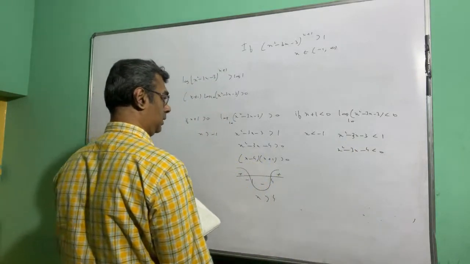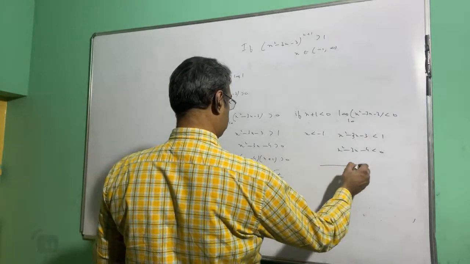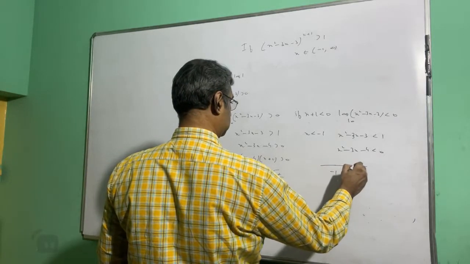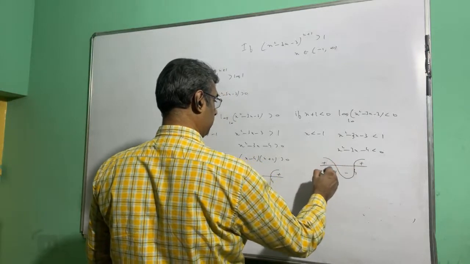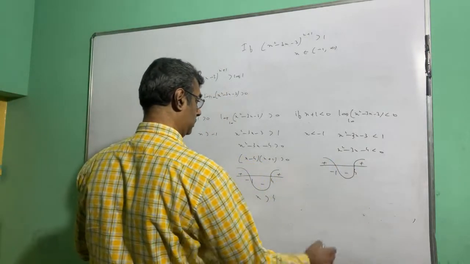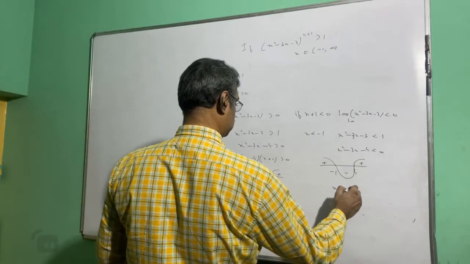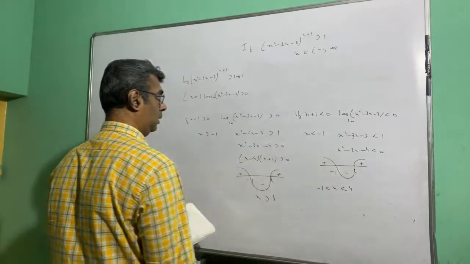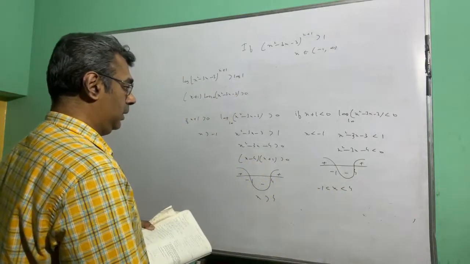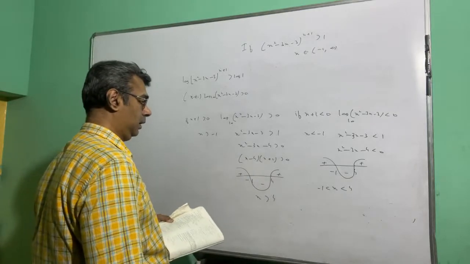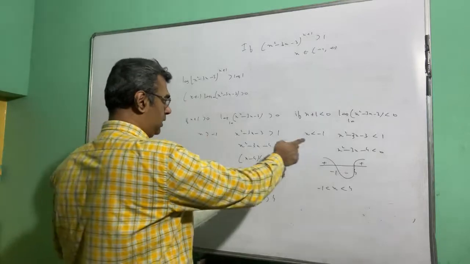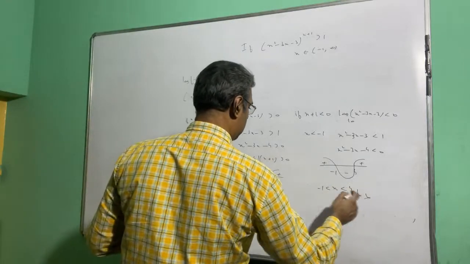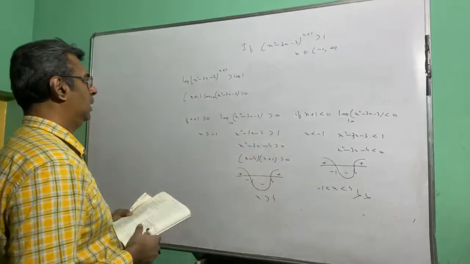So x square minus 3x minus 4 is less than 0. So this is the wavy curve. So x will be greater than minus 1 and less than 4. But the problem is that x has to be less than minus 1. That means this answer is not acceptable.